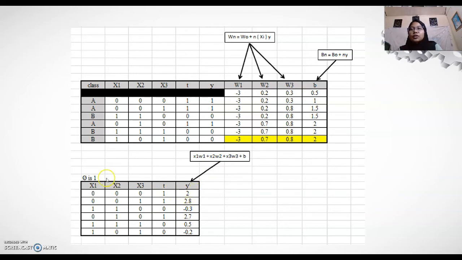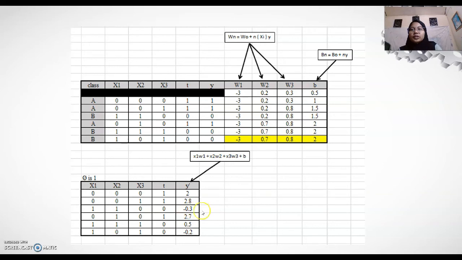We know that theta is equal to 1, so the value of 2 is considered 1 because it is bigger than 1. The same goes for 2.8, which is 1.